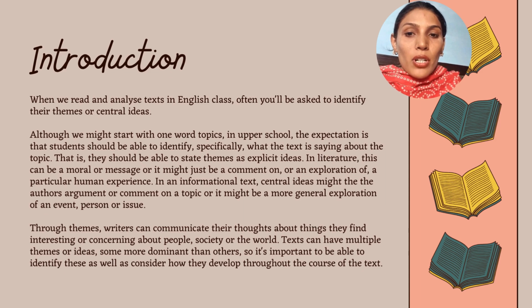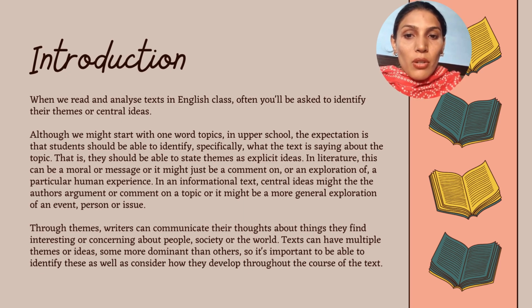This can be a moral message or might just be a comment on or an exploration of a particular human experience. In an informational text, central ideas might be the author's argument or comment on a topic, or might be a more general exploration of an event, person or issue.